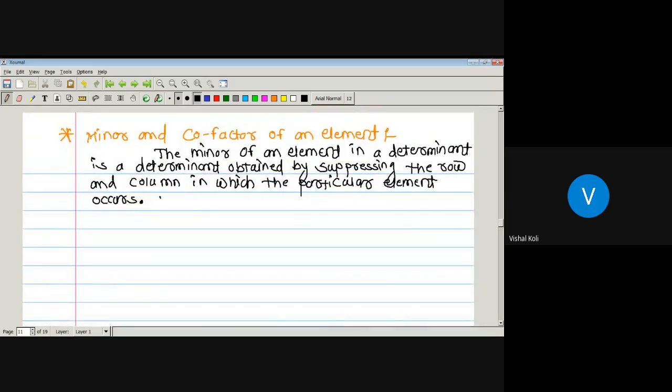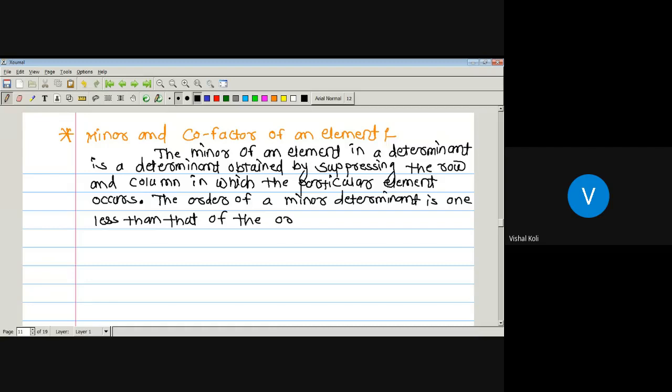And the order of a minor determinant is one less than that of the original determinant.